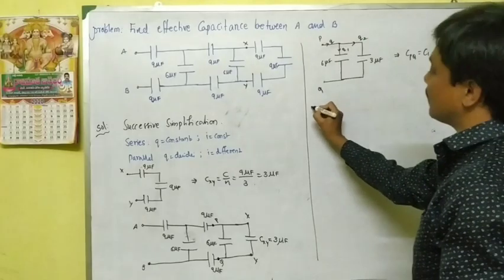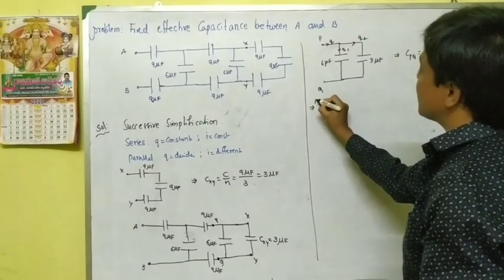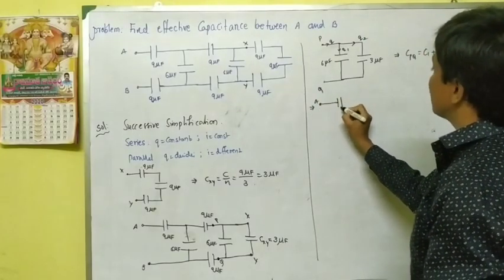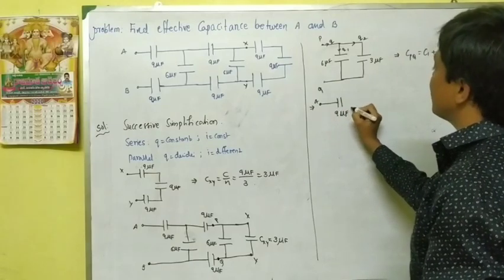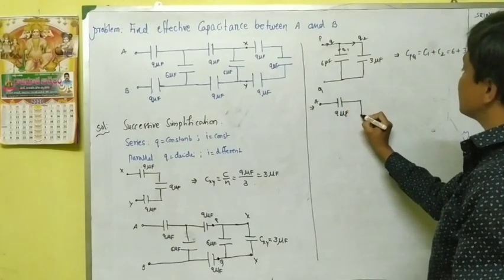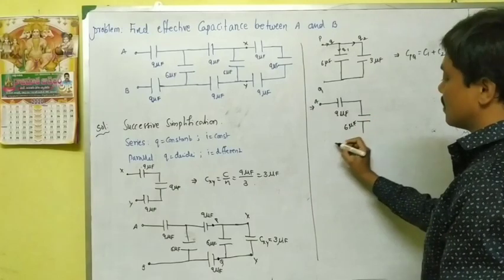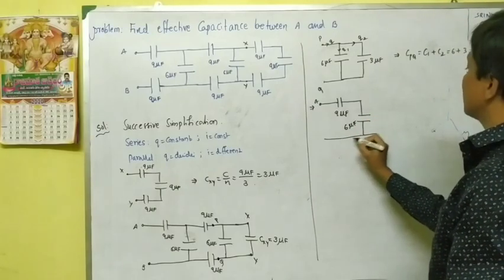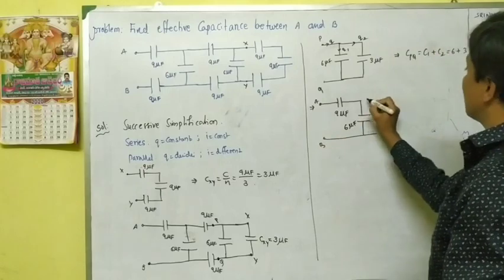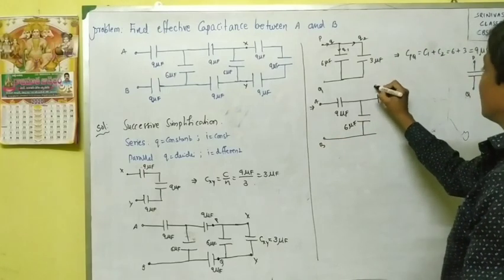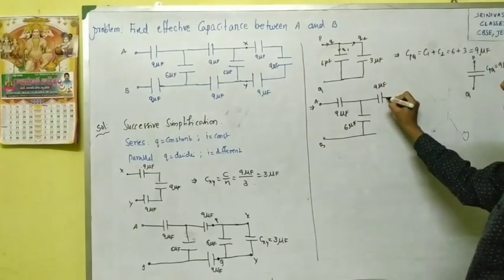Then draw the diagram again. Now this is A and this is 9 microfarad and this is 6 microfarad and this is again 9 microfarad.